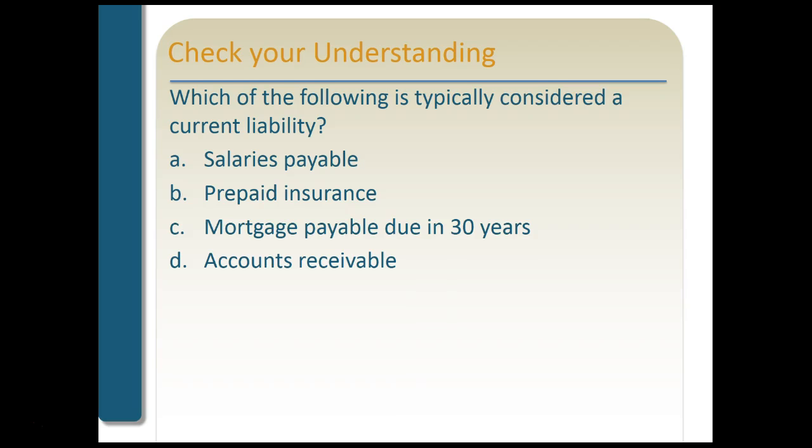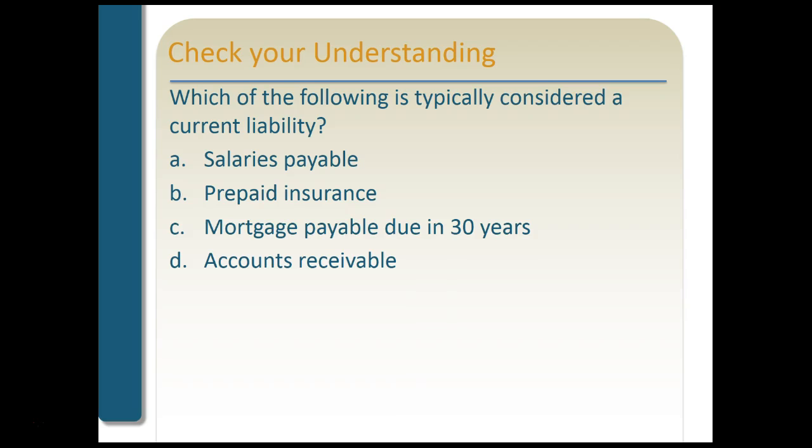Let's look at a question. Which of the following is typically considered a current liability? Would it be salaries payable, prepaid insurance, mortgage payable due in 30 years, or accounts receivable? Now, think of this a minute. Prepaid insurance and accounts receivable are what?